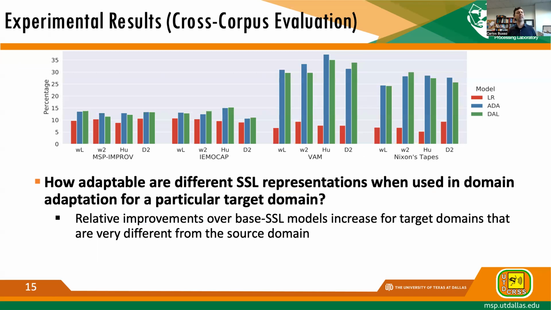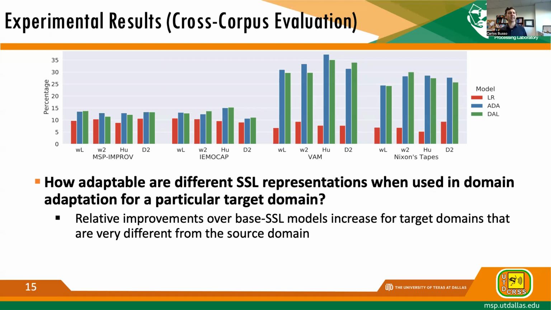This figure that I'm presenting here shows the results for the other four databases. What we look at here is the relative improvement compared to the model when we just train with the original self-supervised models that were provided to us, so with the original parameters, without fine-tuning and before adaptation.